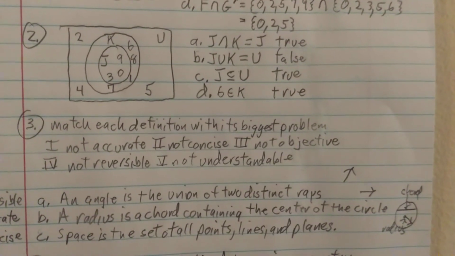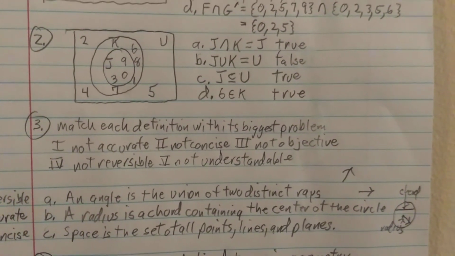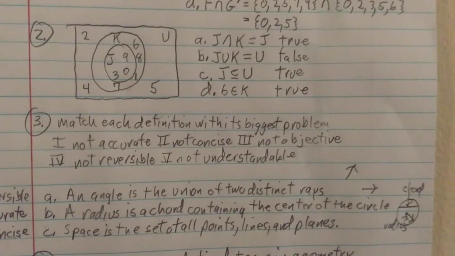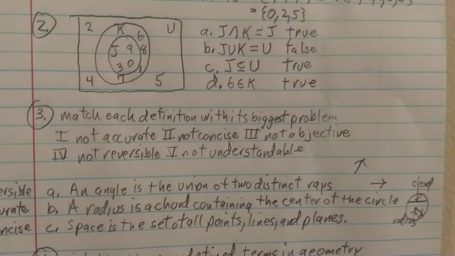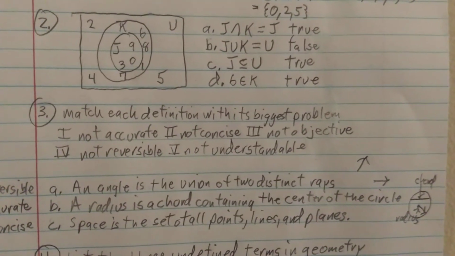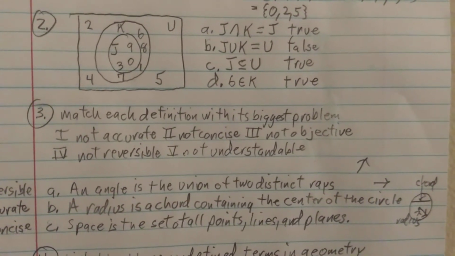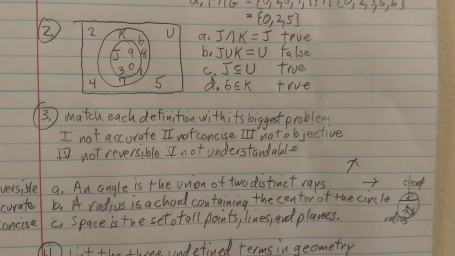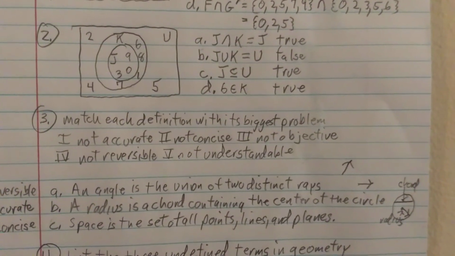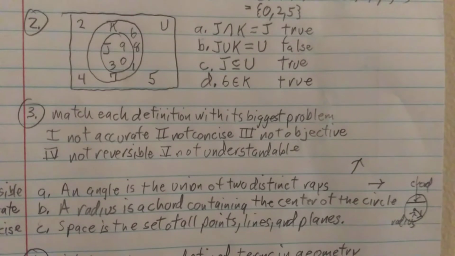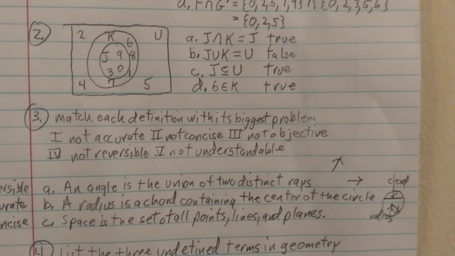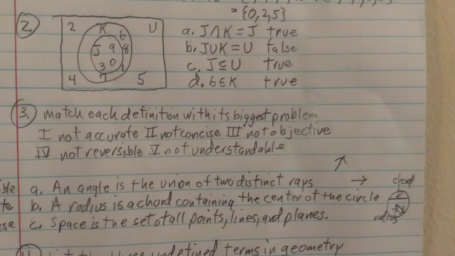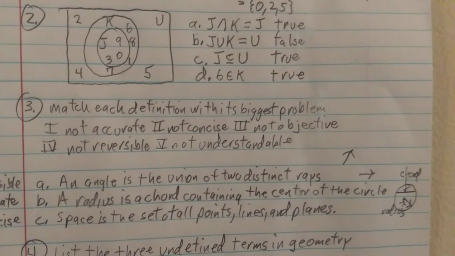But J intersect (J union K) is not equal to U, because J union K is K, and 2, 4, and 5 are outside of K, which make up the universal set. But J is a proper subset of U, because J is a part of the rectangle, and 6 is an element of K, because 6 is listed there in the K set.